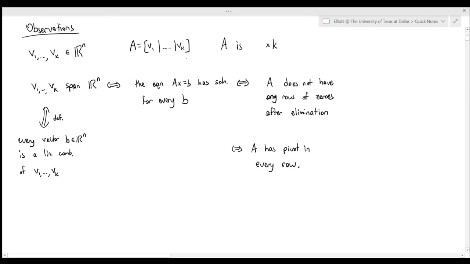And since each vector has n components, being in Rn, there would be n components in each column, meaning that there would be n rows altogether. So the size of matrix A is going to be n by k.